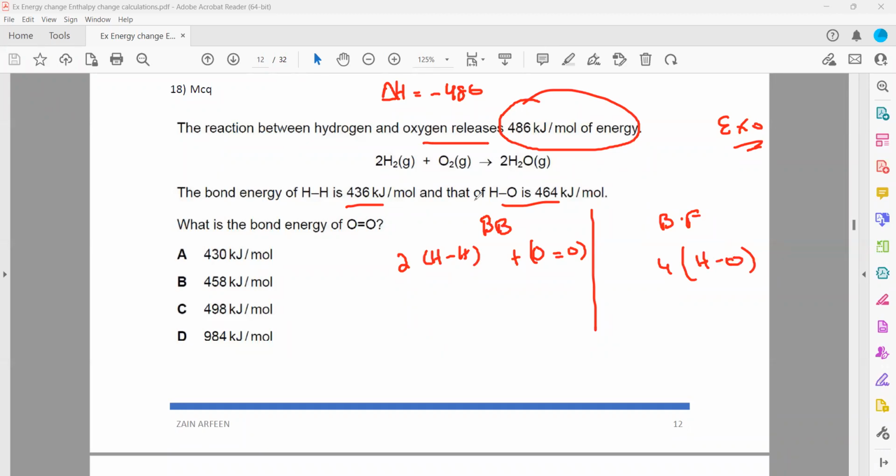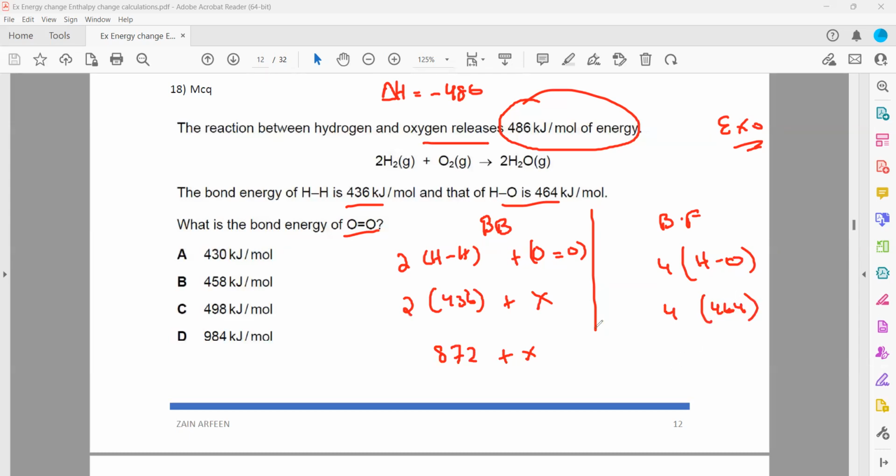We substitute the value for bond breaking. So it will be 2. Hydrogen is 436, and oxygen is unknown. That is what we need. Oxygen double bond. So 436 multiplied by 2 will be 872. 872 plus X, and this will be 4 into 464. 4 multiplied by 464.